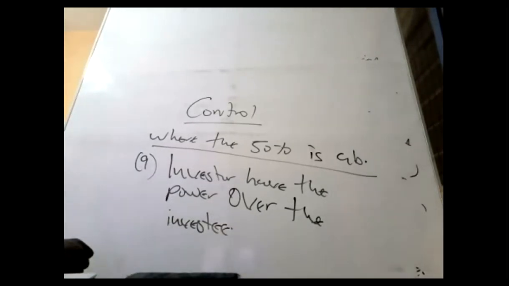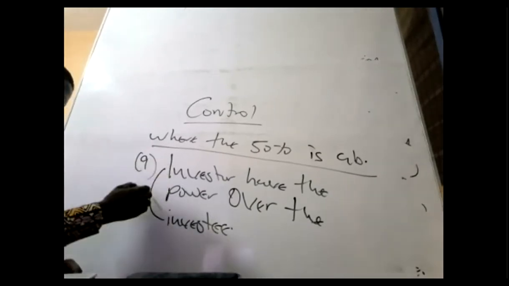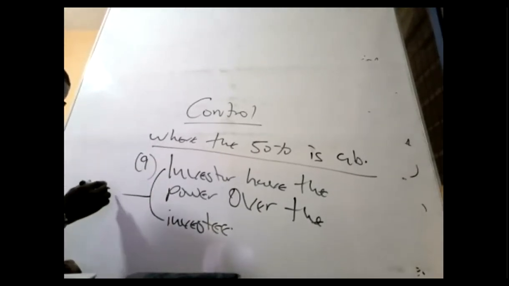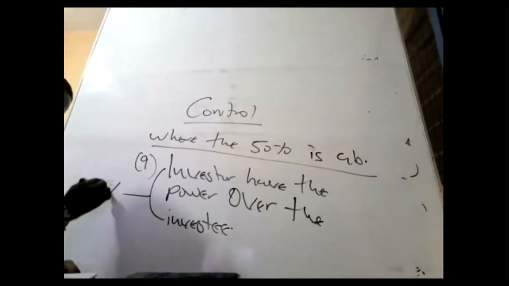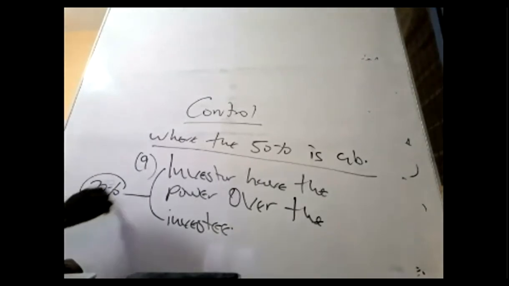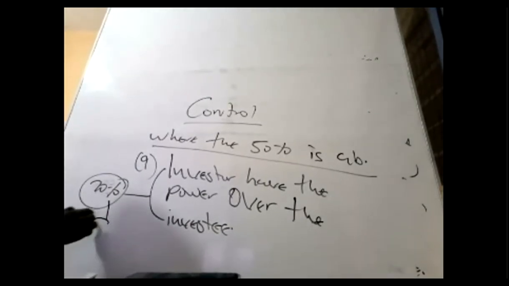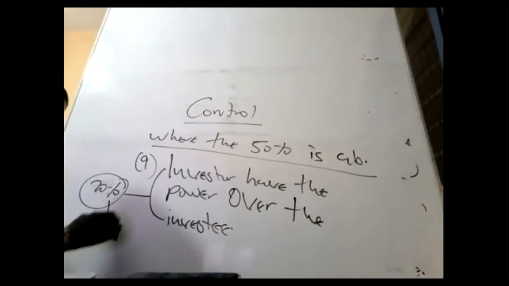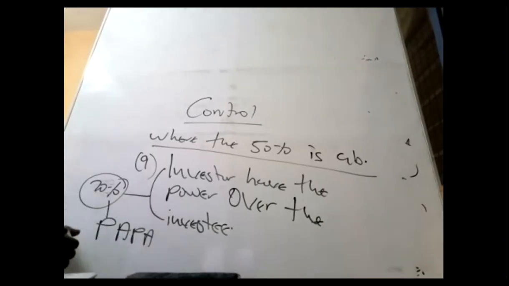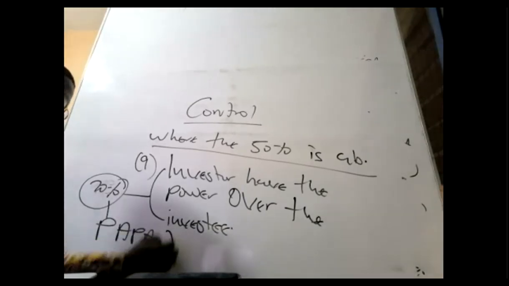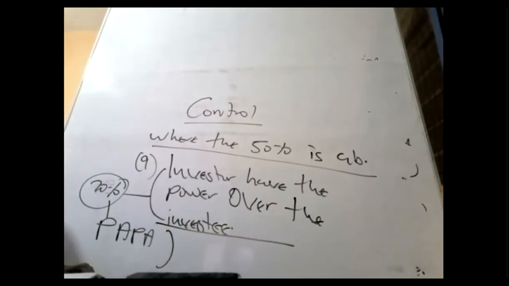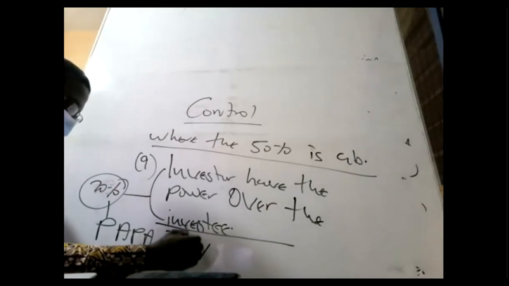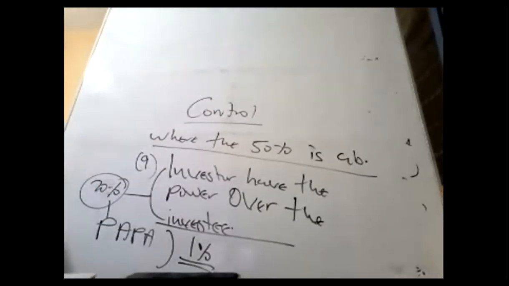Now, for instance, let me give you a critical example. Let's assume that I have 20% holding in a company called Papa Limited. The other 80% is held by millions of shareholders, and none of them even has up to 1%.